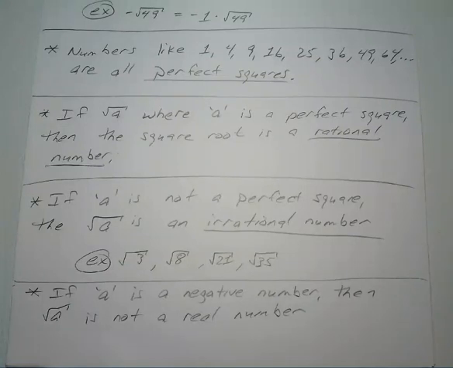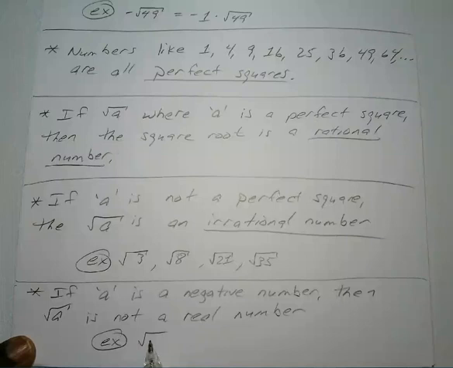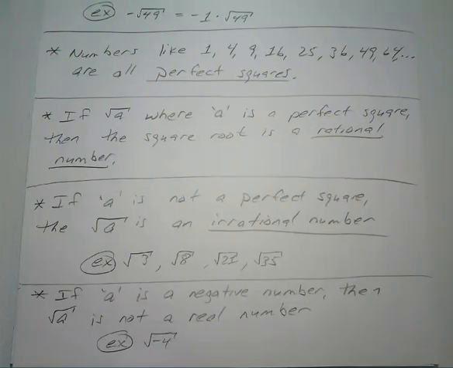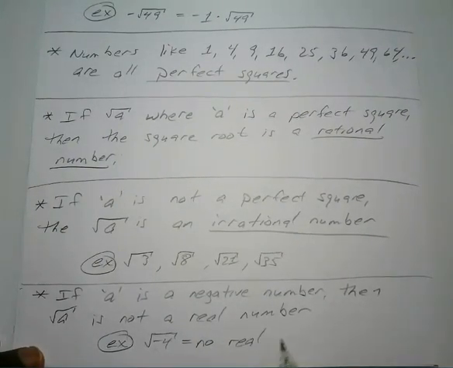So for example, if you have the square root of negative 4, remember, with the square root, we'd have to find a number that multiplies by itself to give us our radicand. You can't say 2 times 2 because that's positive 4. You can't say negative 2 times negative 2 because that's positive 4. So this actually has no real solution.